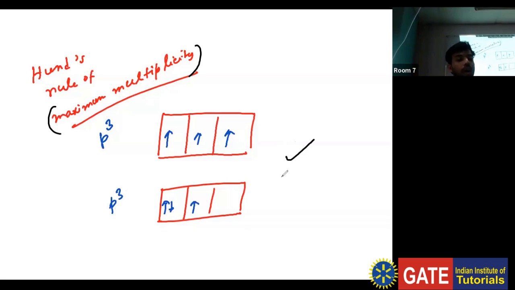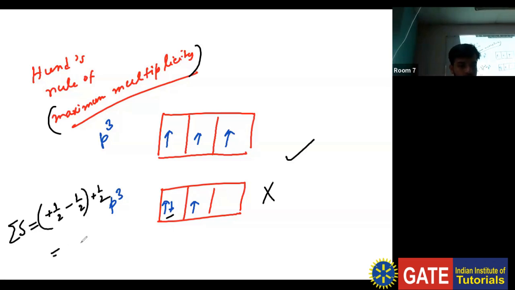This is not correct. Why? If you consider spin multiplicity, what is coming? Summation of spin, 2S plus 1. The summation of spin is what?